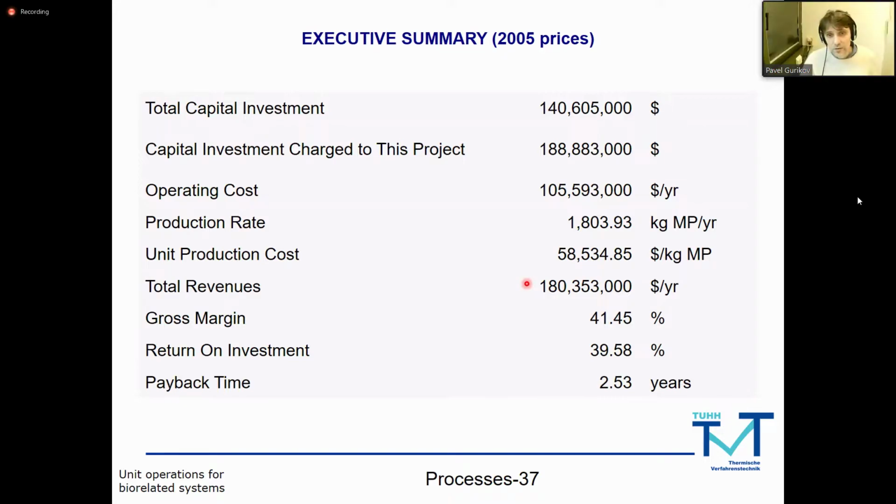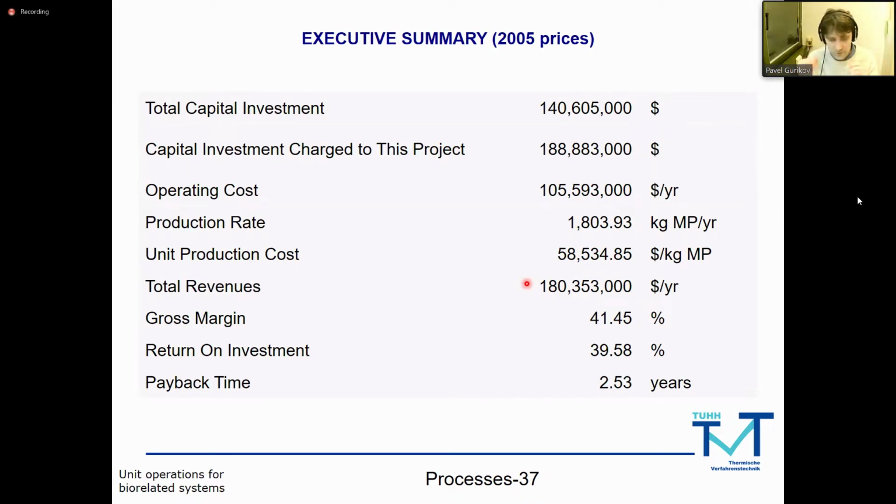This is called gross profit margin. We have to take into account how much we get and how much we spend. So we take 180 million as our total revenues and subtract some amount. In general, what we subtract is called COGS, cost of goods sold.